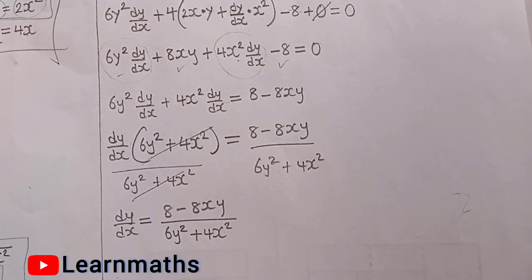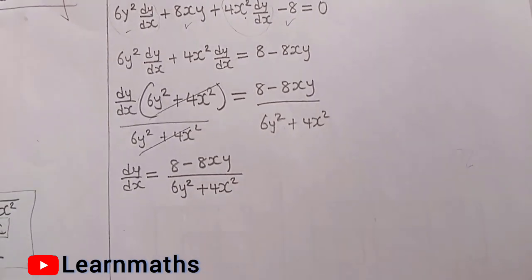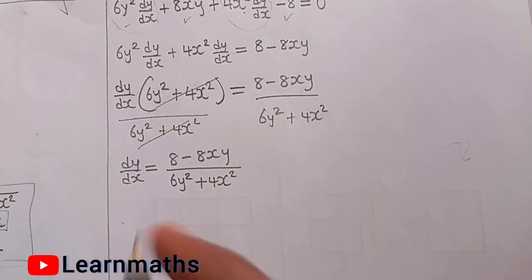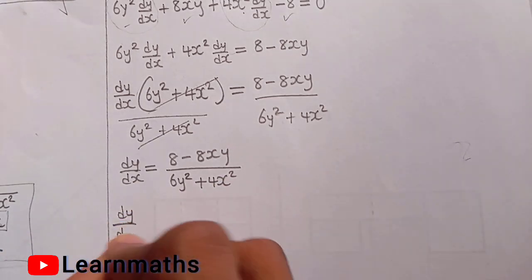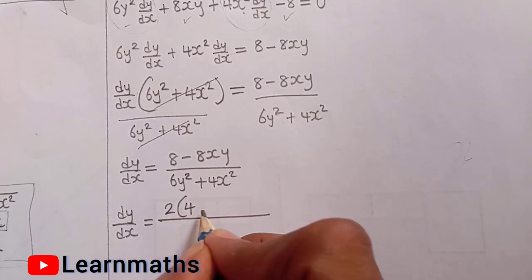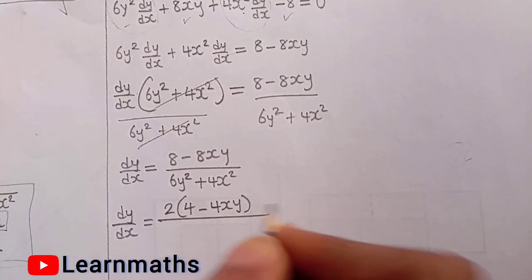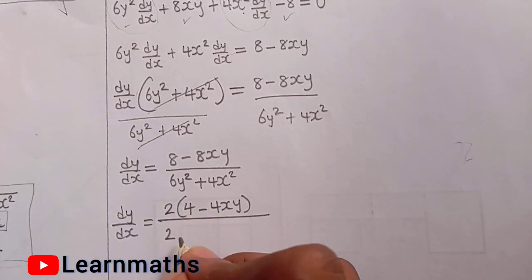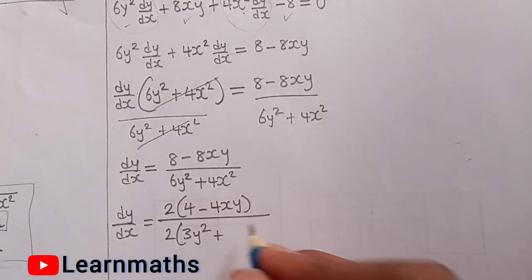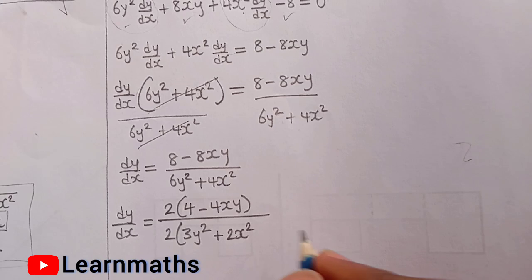We can actually factor out 2. Now this would have been the final answer, but let's factor out 2 from both the numerator and denominator and simplify the answer. So dy/dx is equal to 4 minus 4xy, then from the denominator we factor out 2, this will be 3y squared plus 2x squared.